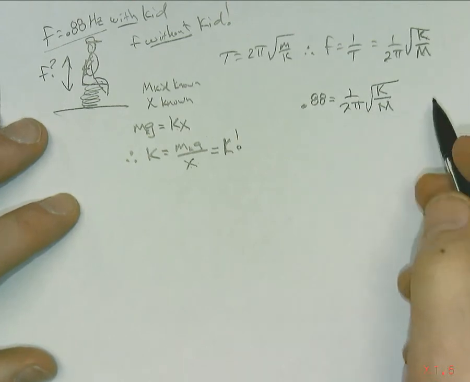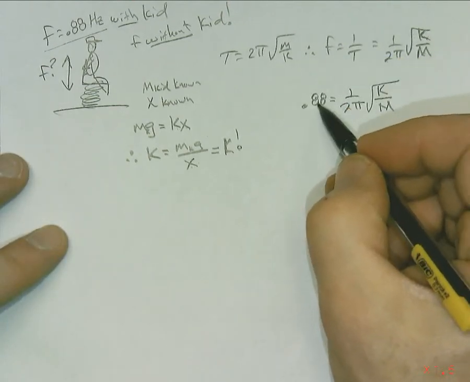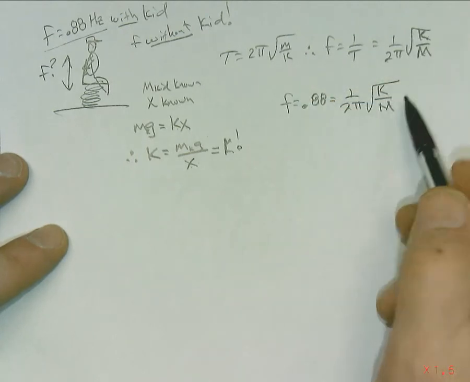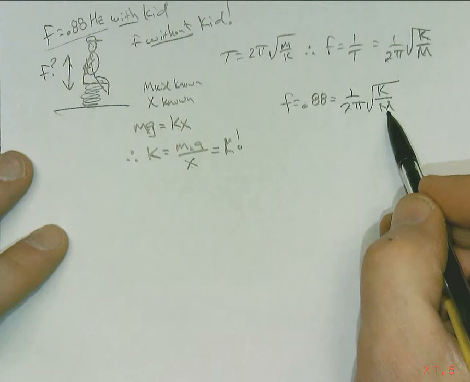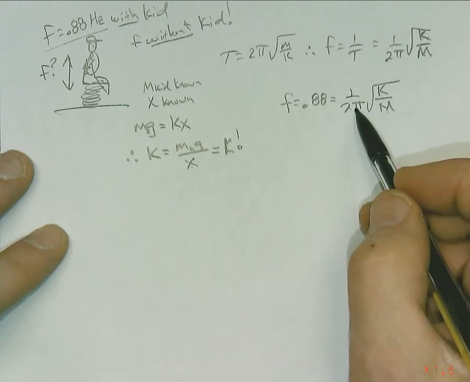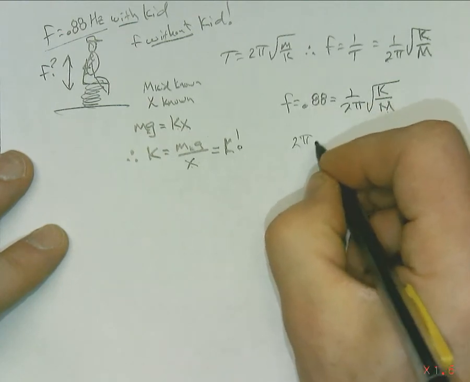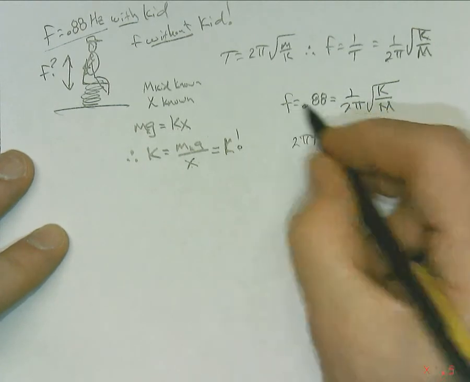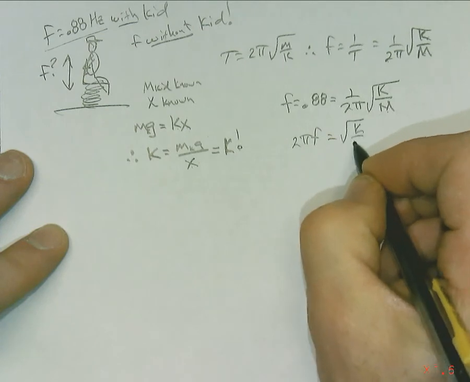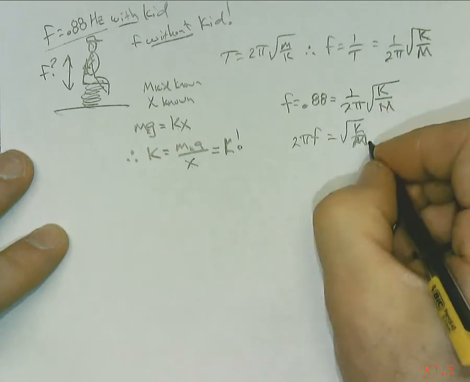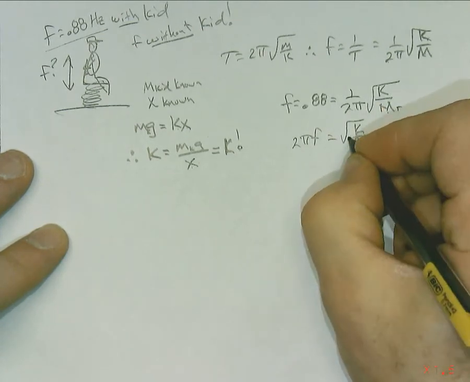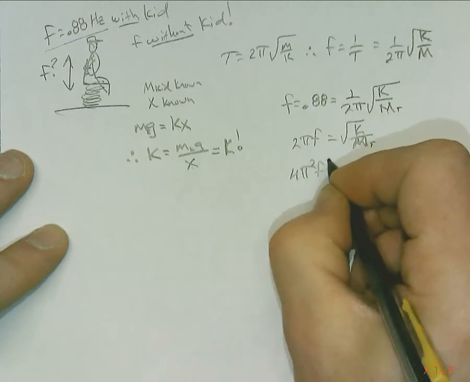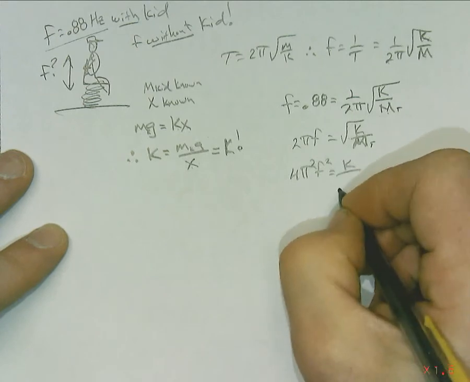I like to write it as frequency is equal to. Basically, what you've got to do is solve for this m. If we multiply by 2 pi, we have 2 pi f. I'm forgetting about the 0.88 right now, just doing the algebra. 2 pi f is equal to square root of k over m. This is like m total here. So square both sides: 4 pi squared f squared is equal to k over m total.